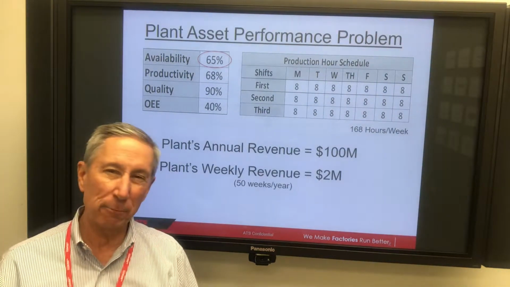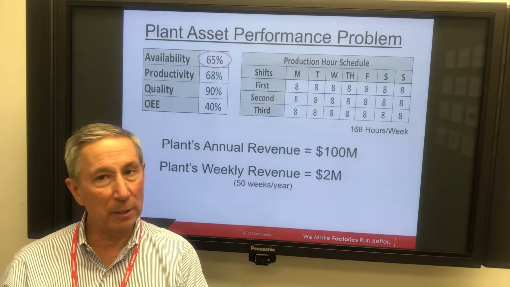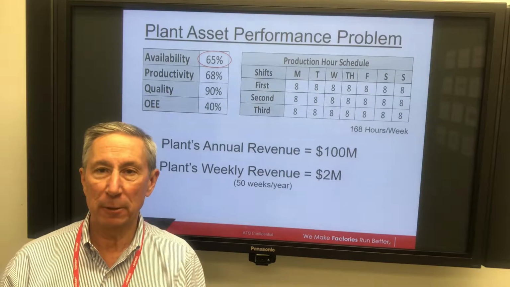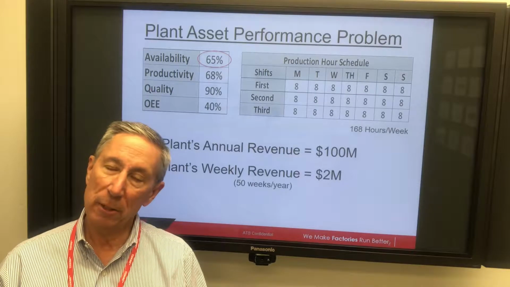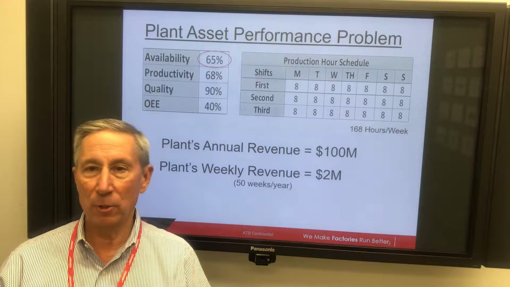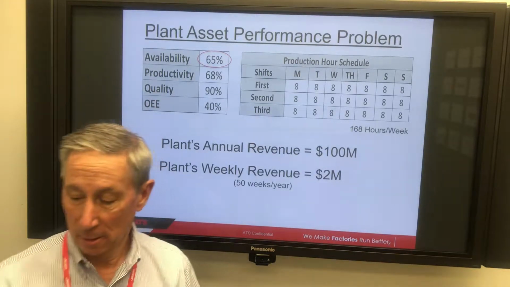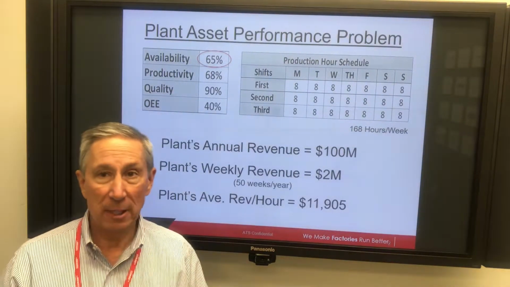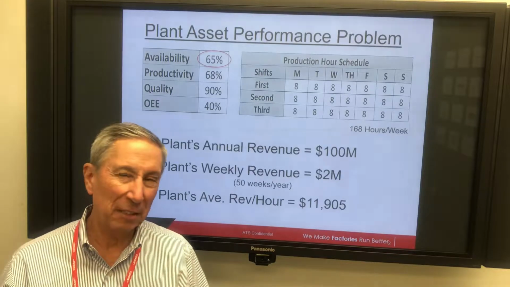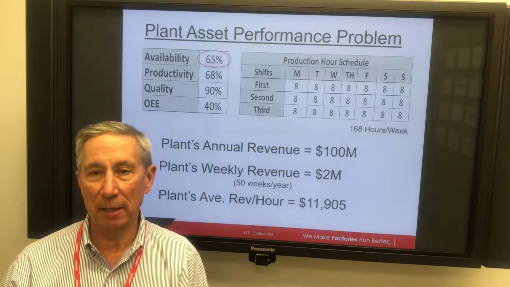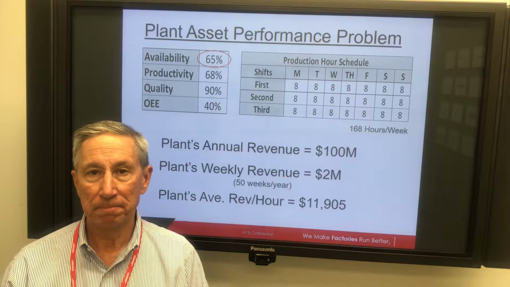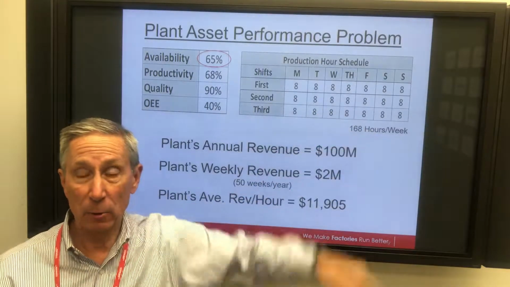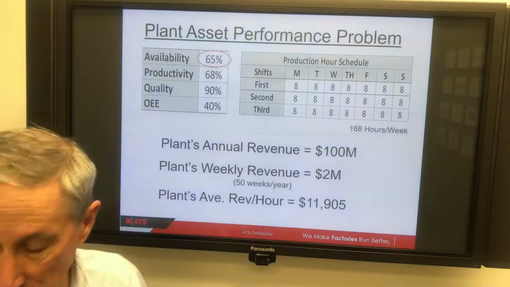So we track revenue because we're thinking about product velocity, and we're going to get to that in a minute. It'll help you understand that. So when you look at the $2 million a week in revenue and the hours that we're running, that's roughly $11,900 an hour for the plant. So that's an interesting metric when we think about product velocity, and when we're working this many hours. So that's an average, at the plant level.